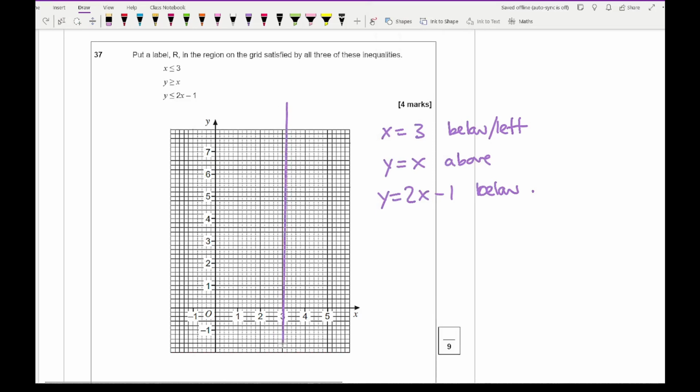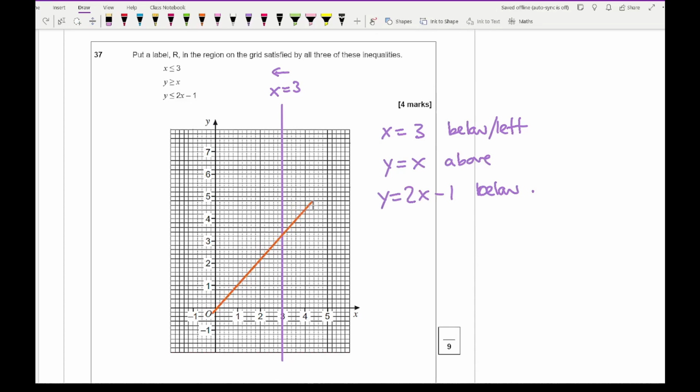So let me just plot that accurately. And let me just extend that line like so. Now, whenever you are drawing lines, you do want to make sure you're going right to the limits of the graph paper. So that's x equals 3, and I want that side of that line. Then plotting y equals x, that's going to be a straight diagonal line through 1, 1, 2, 2, through the origin.